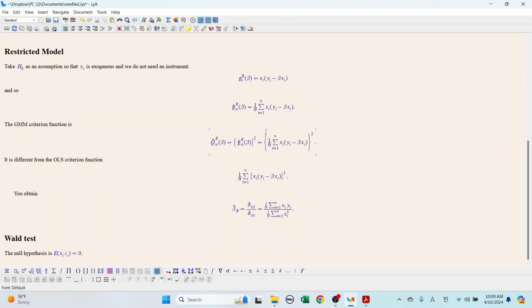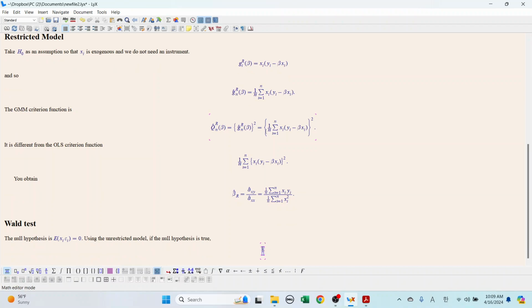So in our estimation using the unrestricted model, if the null hypothesis is true, this will be close to zero.